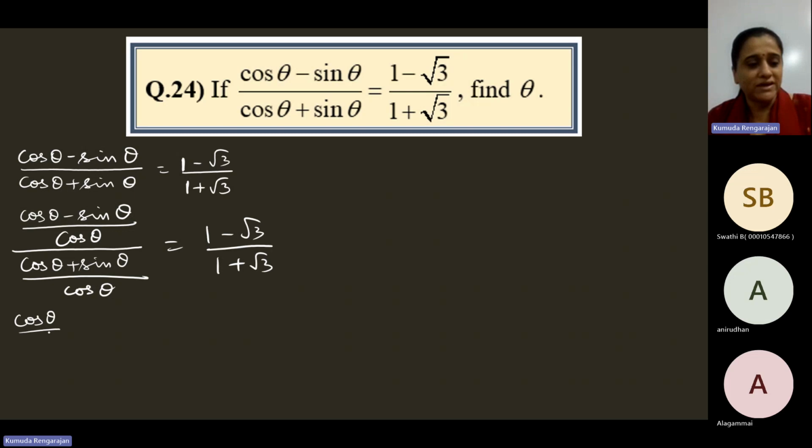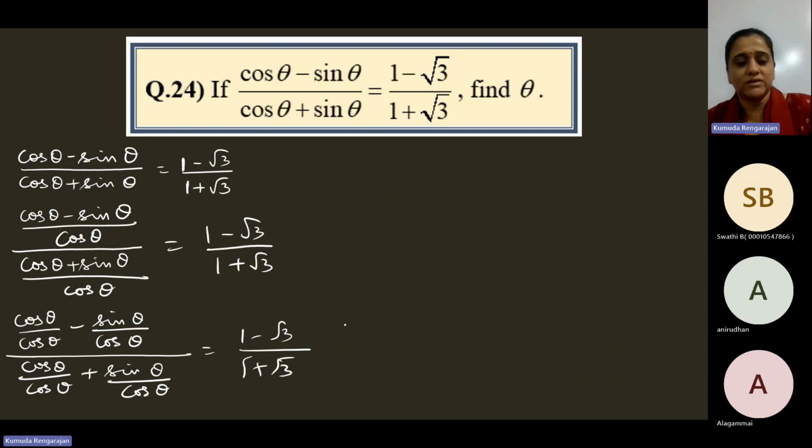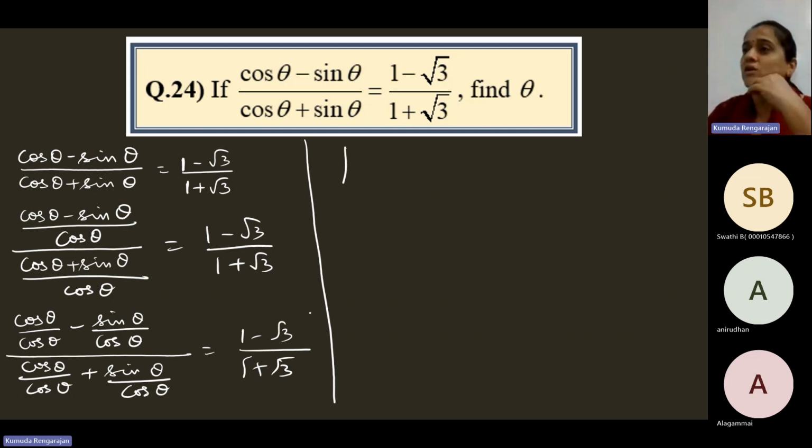It's cos theta by cos theta minus sin theta by cos theta divided by cos theta by cos theta plus sin theta by cos theta is equal to 1 minus root 3 by 1 plus root 3. So what is cos theta by cos theta? 1. That's how we get 1. So how to get 1? You should divide the numerator and denominator by cos theta.